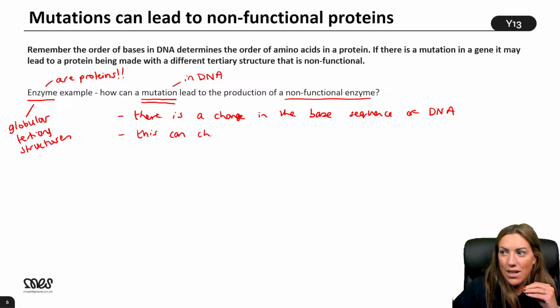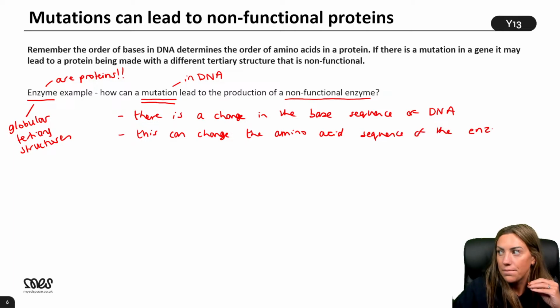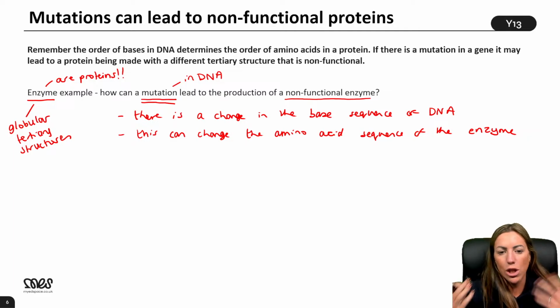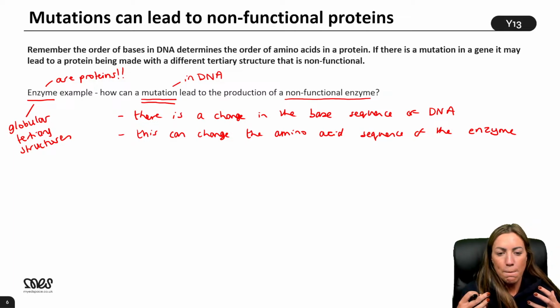And this can change the amino acid sequence of the enzyme because the enzyme is a protein. Guys, what is the amino acid sequence called? What term do we give it in protein structure?